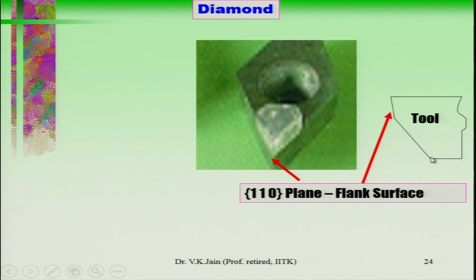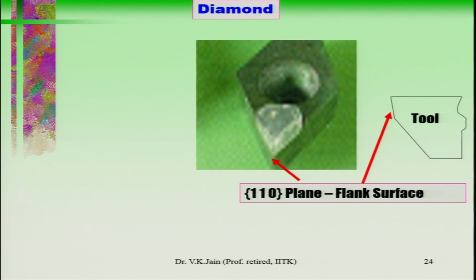Now, as in case of single point turning tools, you have different faces of the diamond tool. You have all the angles, that is back rake angle, side rake angle, front clearance angle, side clearance angle, side cutting edge angle, end cutting edge angle, and nose radius.